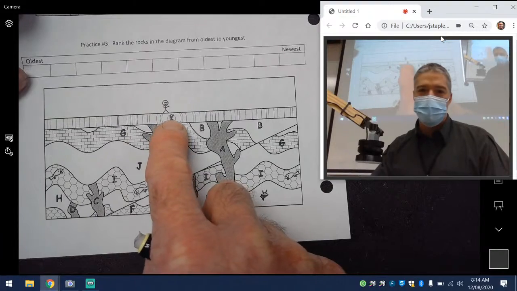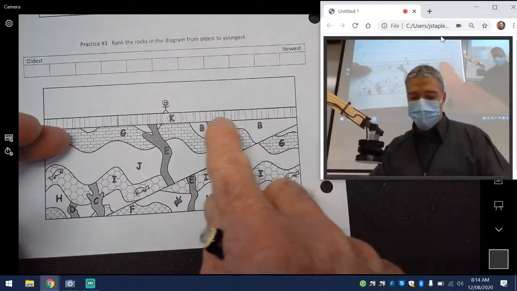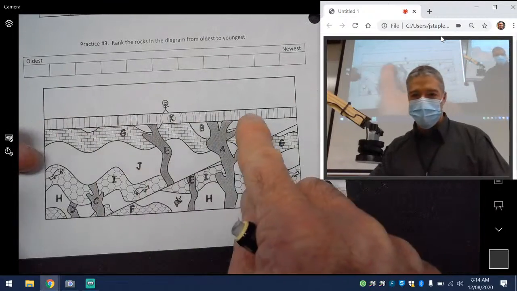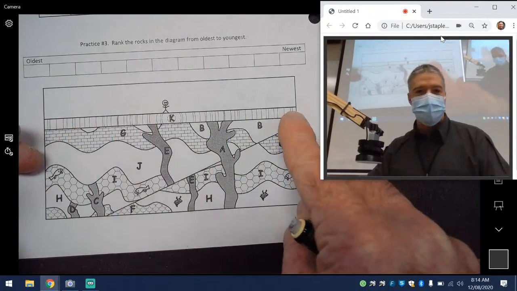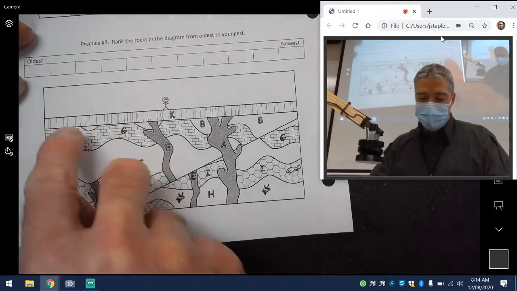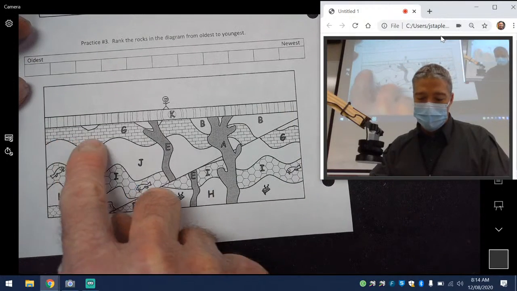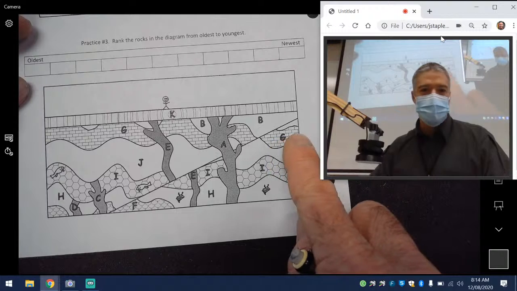This could have been some sediment at the bottom of the ocean, or maybe some sand in a desert that blew out in an even layer, or maybe this is ash that settled out after a volcano. But original horizontality says it's horizontal in the beginning. And later on, if you find something that's like this, that means something happened to that.